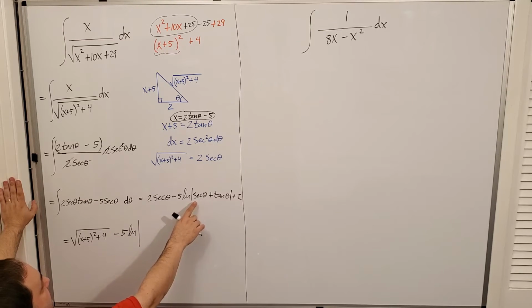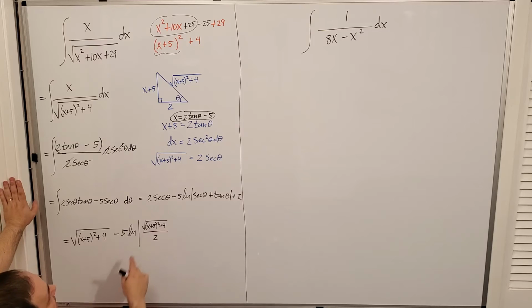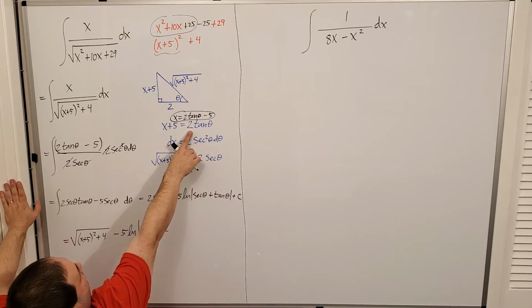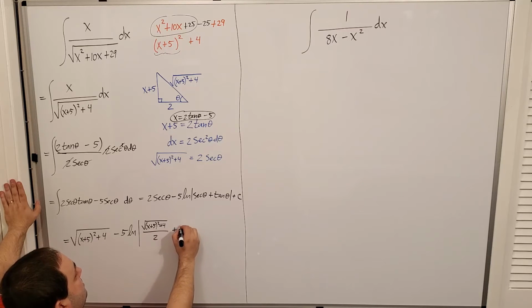Secant theta is going to be the square root of x plus 5 squared plus 4 over 2, right? Because I just divide by the 2 here. And tangent theta, right here, tangent theta is equal to x plus 5 over 2. So plus x plus 5 over 2 plus c.